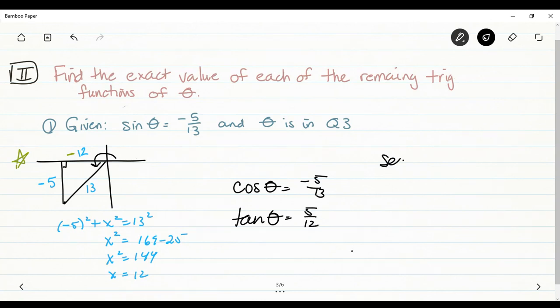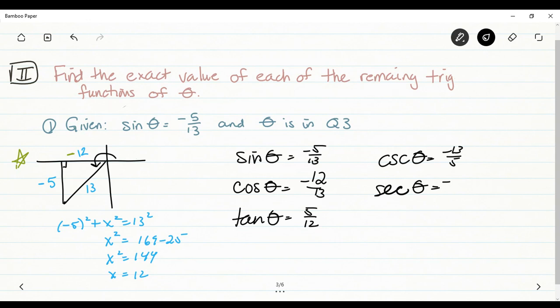Cosecant, sorry, I didn't write out sine. Sine theta is negative 5 over 13. Write things out, won't have problems. Cosecant is negative 13 over 5. Secant, then, negative 13 over 12. And cotangent is 12 over 5.